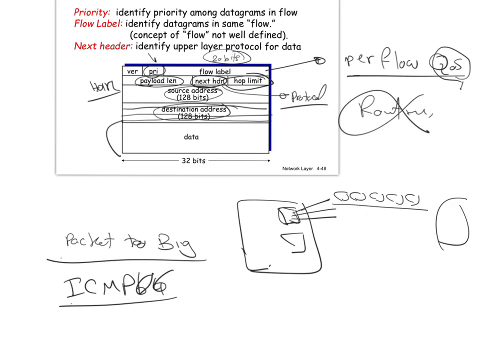Okay? So for ICMP version 6, if the router tries to send a packet on the next hop and finds that the packet length is supposed to be smaller, I cannot do any fragmentation. But what I can do is send back to the source a message saying packet too big, please reduce it.